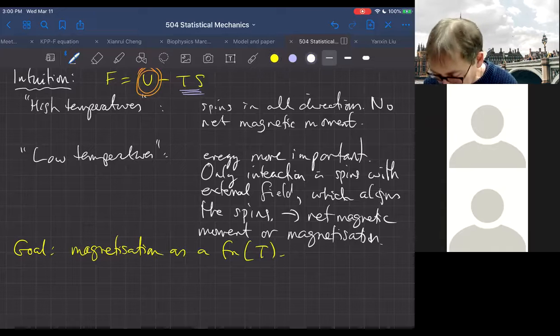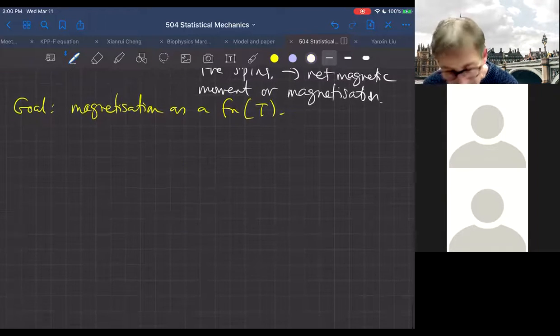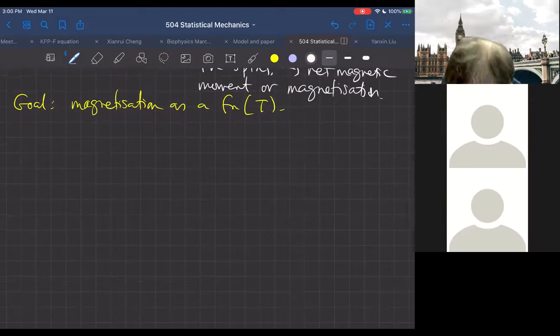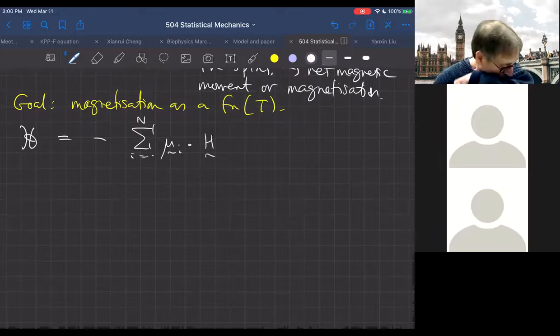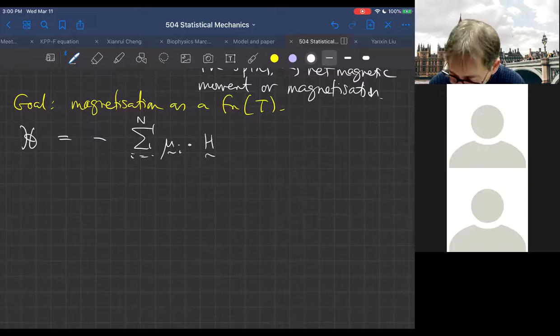Okay, so let's set this up. Of course, everything starts off with a Hamiltonian. So now let's write down the Hamiltonian for the system. All we have is the magnetic moment, mu I, with the sum from I equals 1 to n, and they are going to interact with our external magnetic field that is pointing in the z direction.